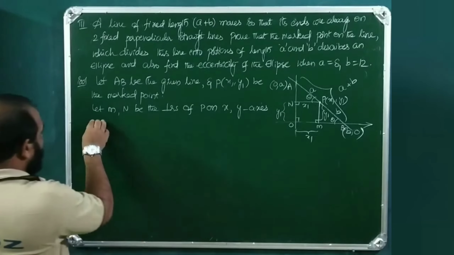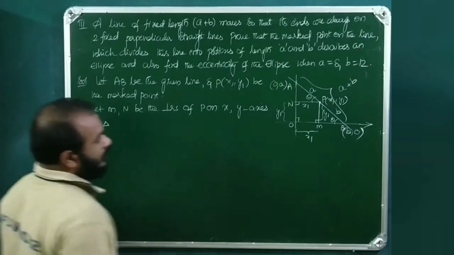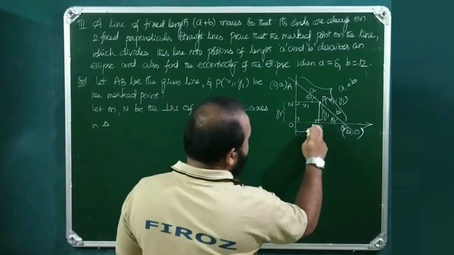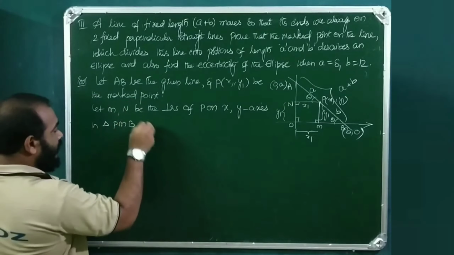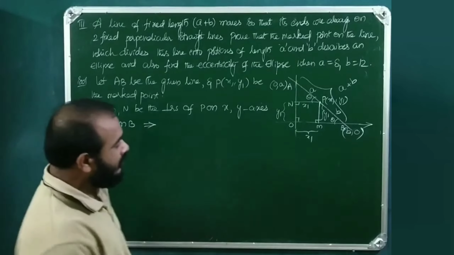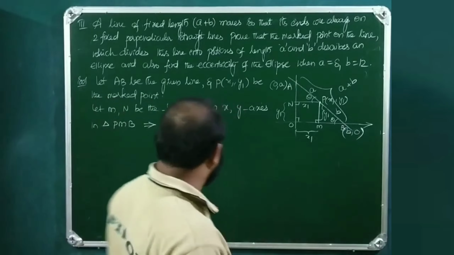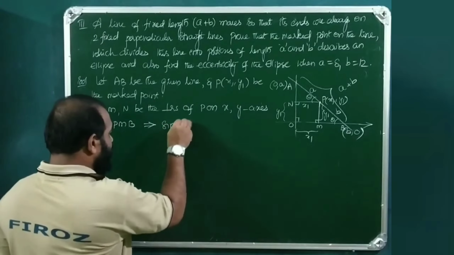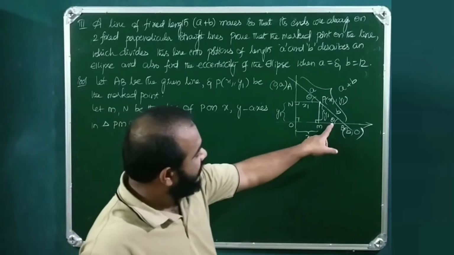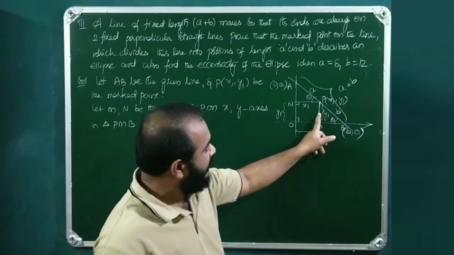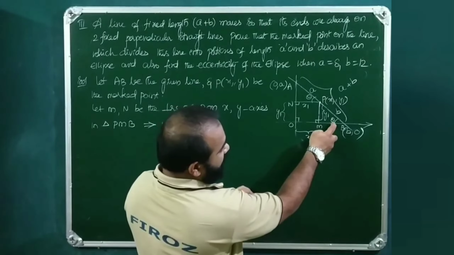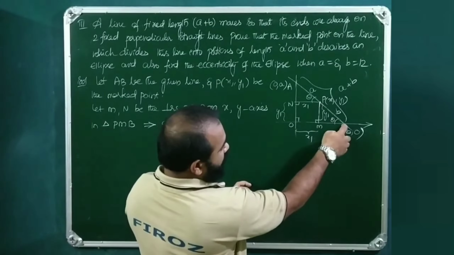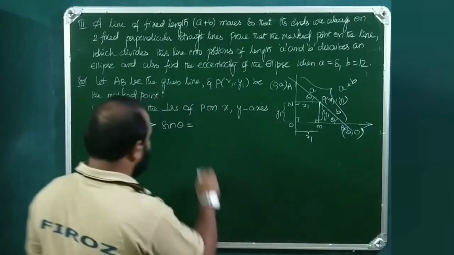Now in triangle PMB, sine theta is equal to opposite side by hypotenuse. So the opposite side of this theta is y1, the hypotenuse is b. So sine theta is y1 by b.